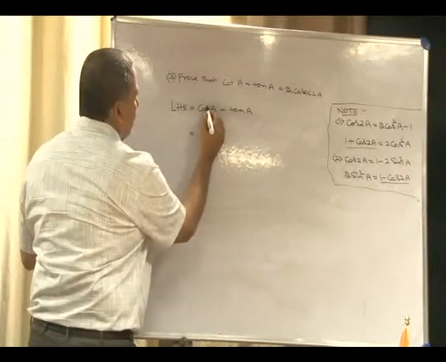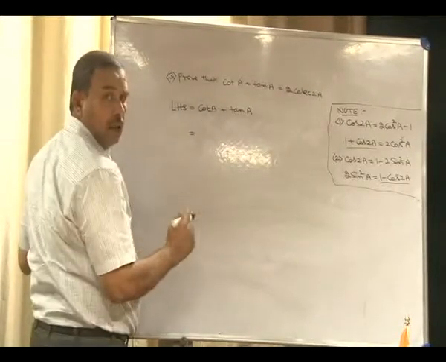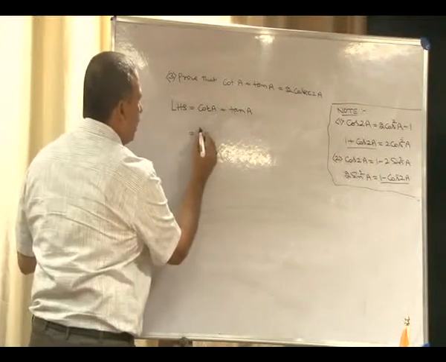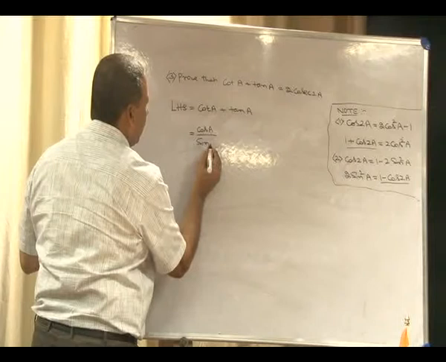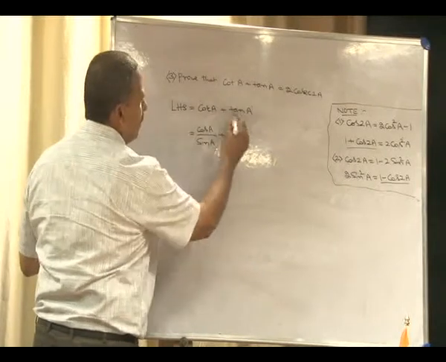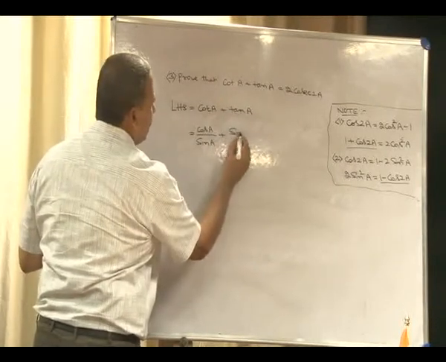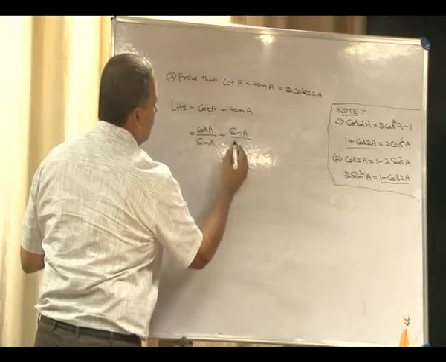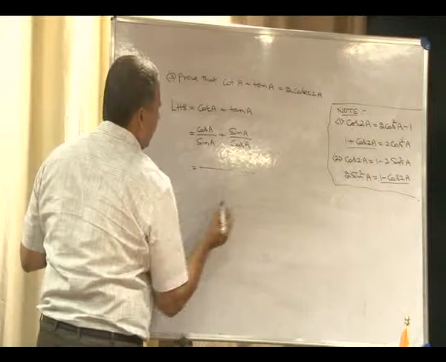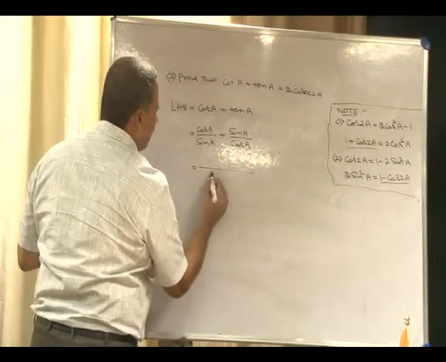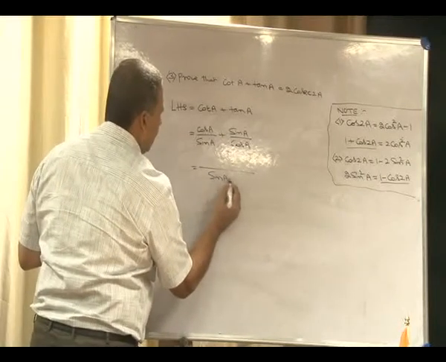Cot is cos by sin, cot a is cos a by sin a, plus tan a is sin a by cos a. The LCM of sin a and cos a is sin a cos a.